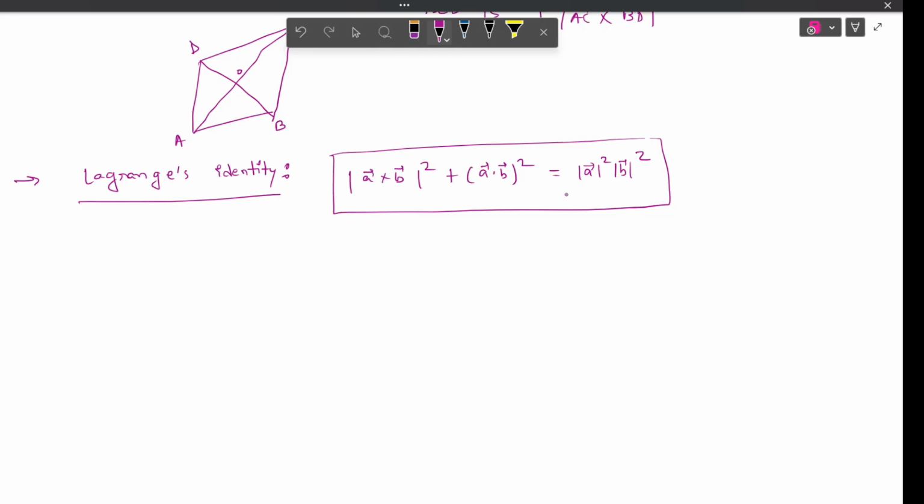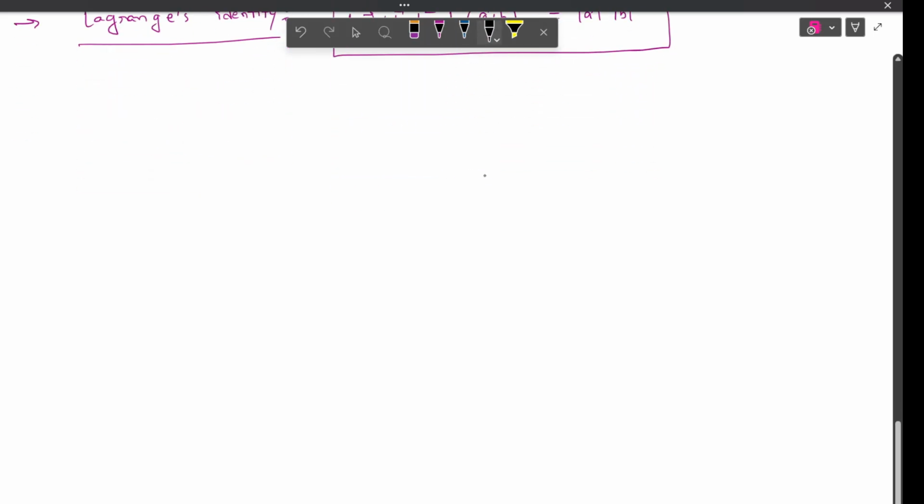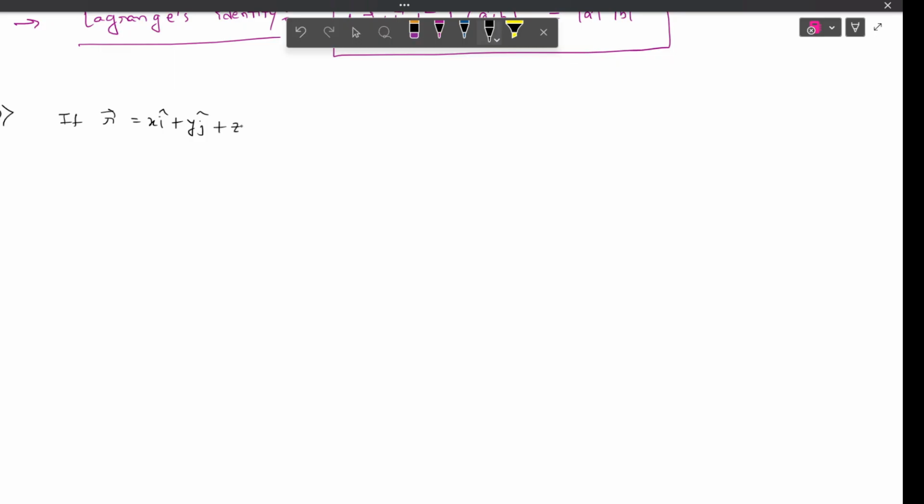Now let us see some question. So our first question is, if R vector is x i cap plus y j cap plus z k cap.